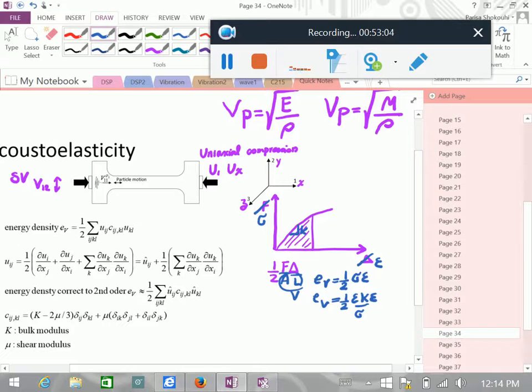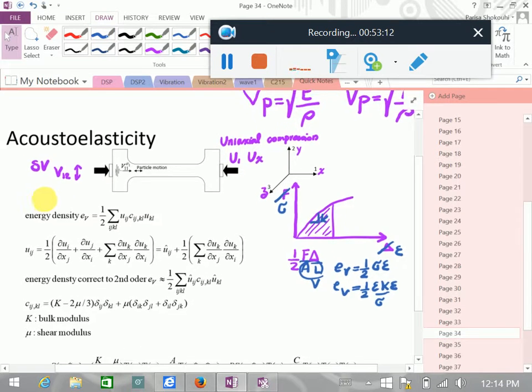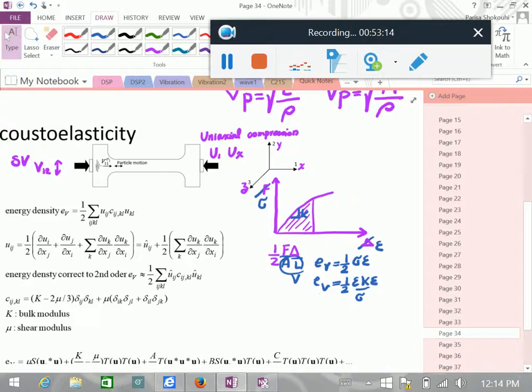You agree with me? This is familiar, right? Now, in the more general case, we write the energy density, energy per unit volume, as 1/2 summation of, so this is now a strain, and that's the elastic tensor.